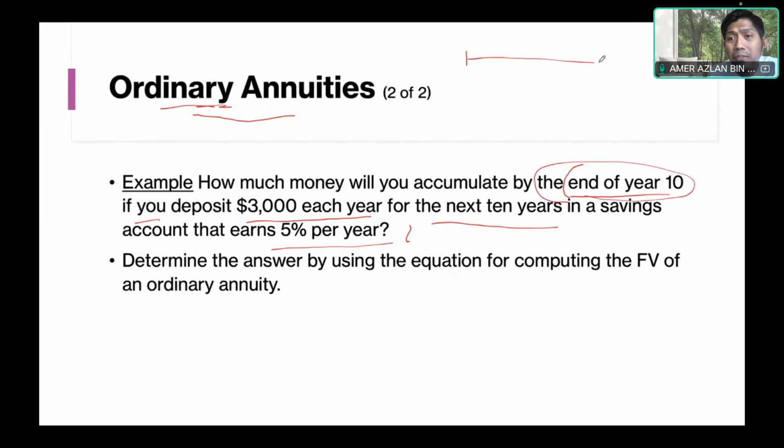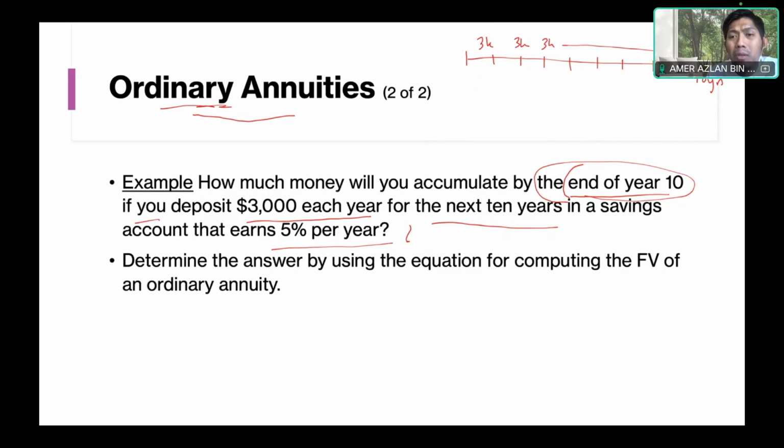So you save consistently every end of the year, 3,000. Every end of the year, you save 3,000 consistently. And the question asks you, how much money will you accumulate by the end of year 10?